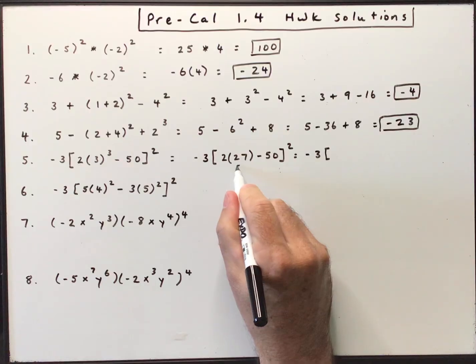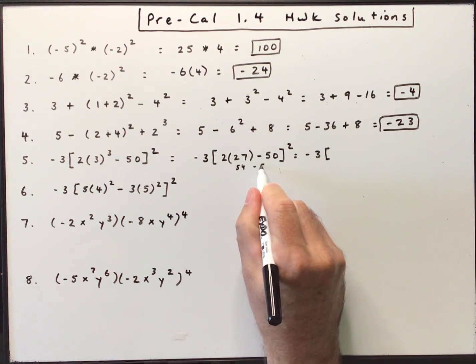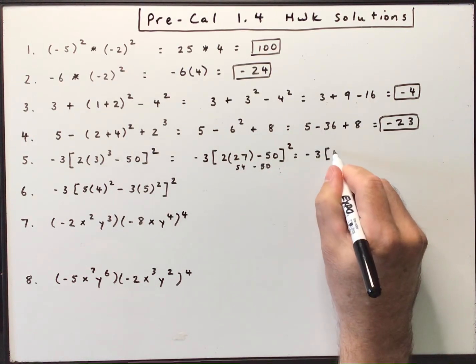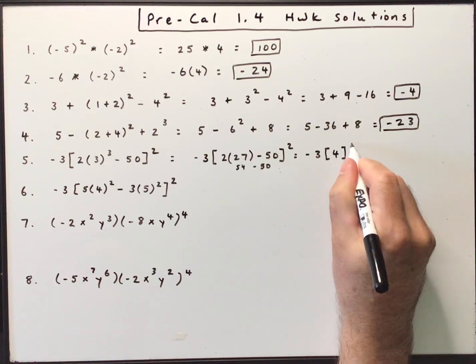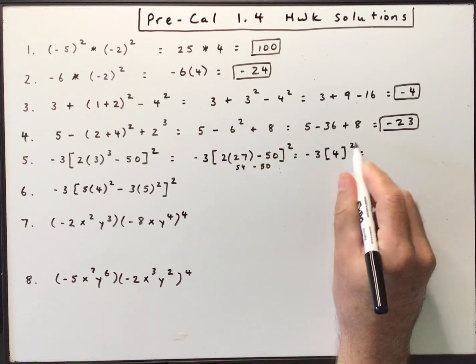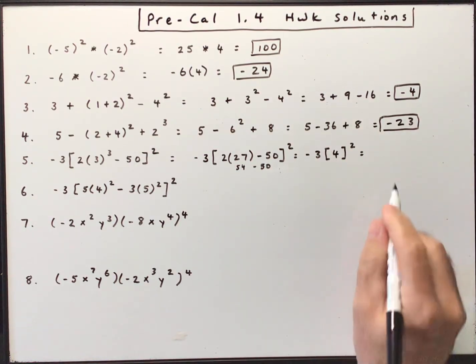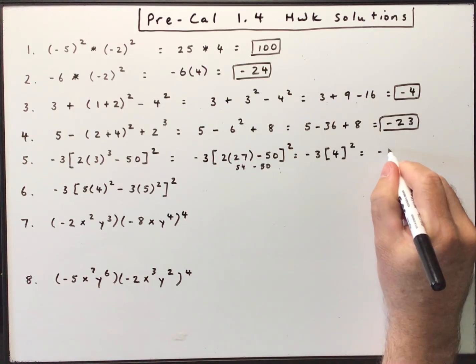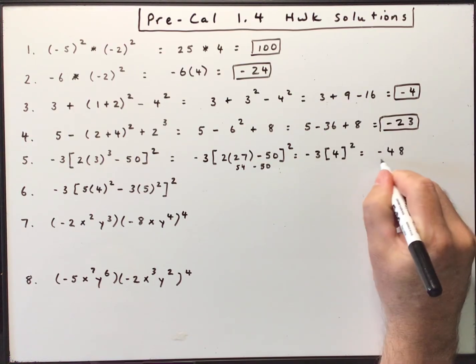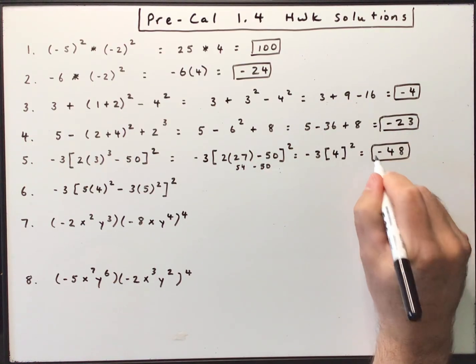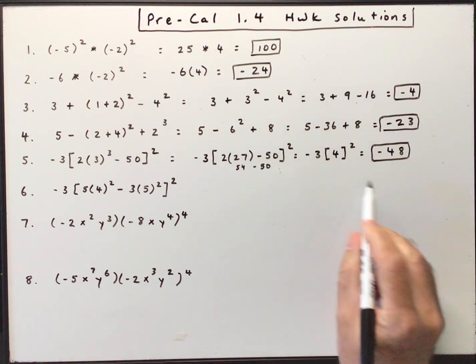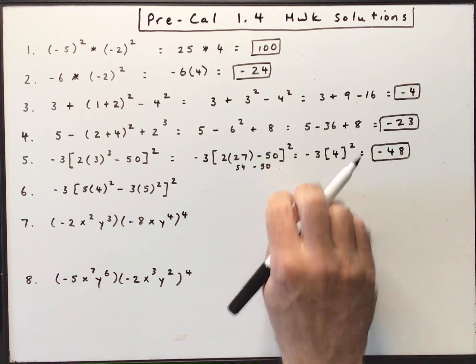So 54 minus 50 is just 4. So -3 times 4 squared. 4 squared is 16. -3 times 16 is going to be -48.